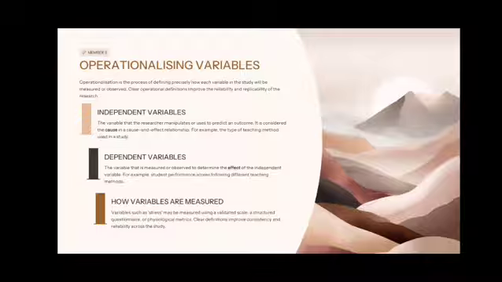Example: teaching method is an independent variable and student performance is a dependent variable. Variables must be measured clearly using proper methods like surveys or tests. This makes the research accurate and reliable.